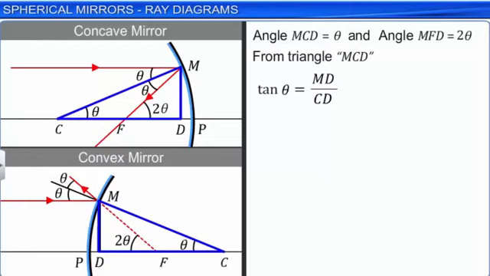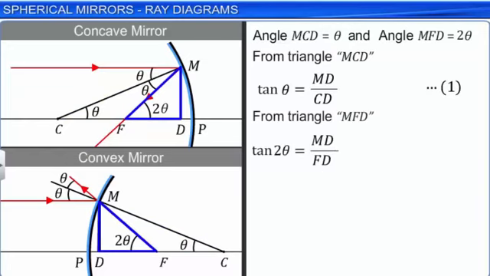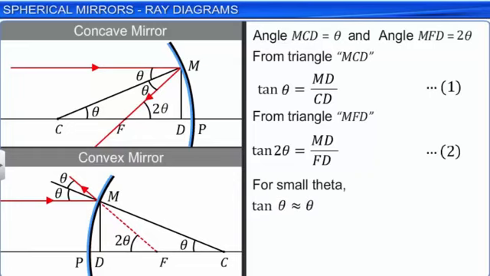And from the triangle MFD, tan 2 theta is equal to MD by FD. Let this be equation 2. For paraxial rays, theta is small and hence we can write tan theta is approximately equal to theta. Let this be expression 1. And tan 2 theta is approximately equal to 2 theta. Let this be expression 2.